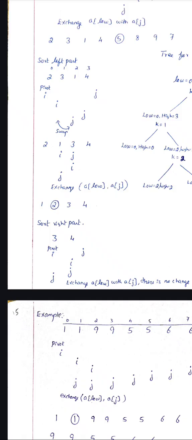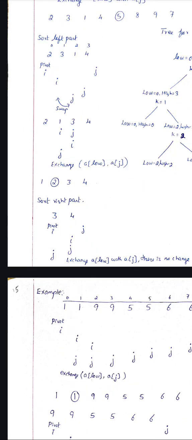But we should check where is 2. And then is 2 less than 1? No. Then j goes from 2. Is 4 greater than 2? Yes. Then is 1 greater than 2? No, it is not. So swapping i and j.